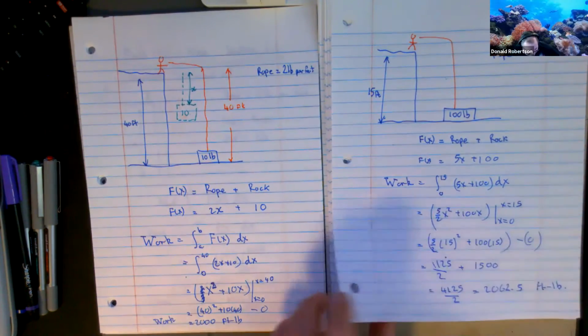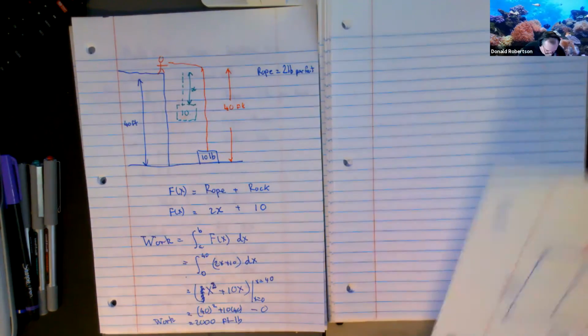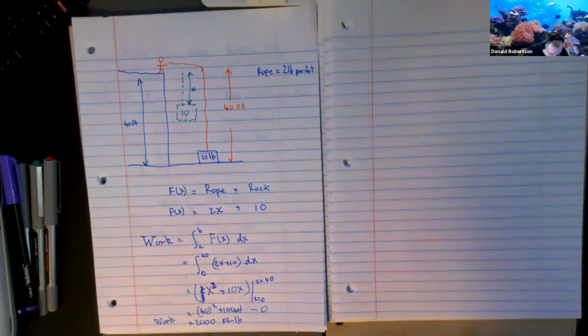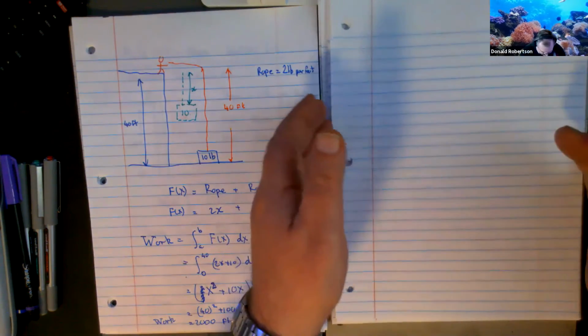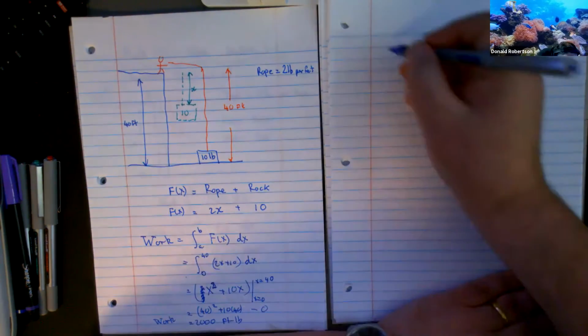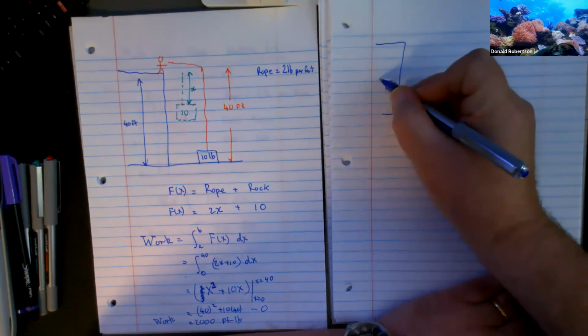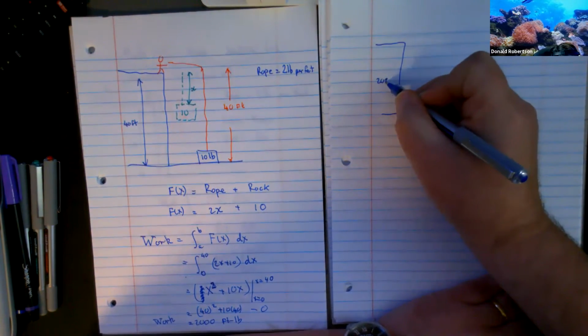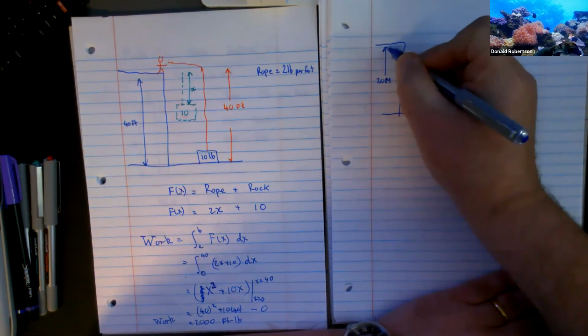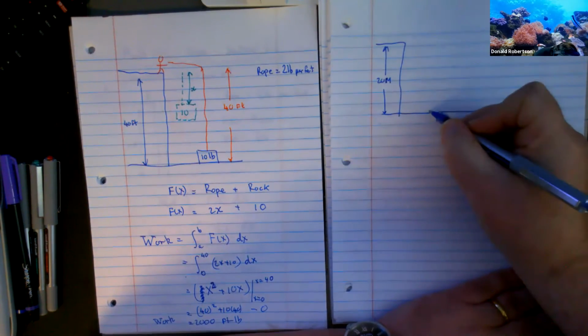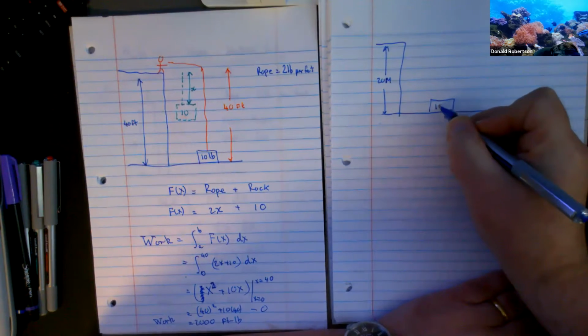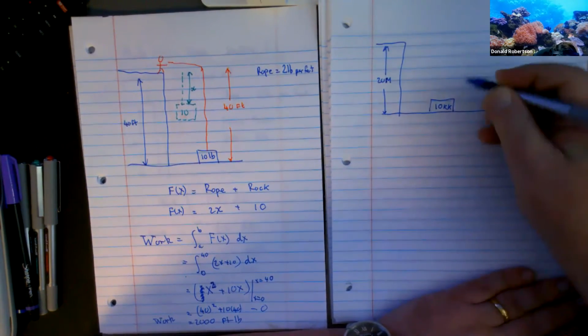Now I'm about to give you another question, but I won't take it to the end. I just want to show you a little quirk that I haven't seen yet. So let's suppose that in this story, it's 20 meters, and that this fella weighs 10 kilograms.